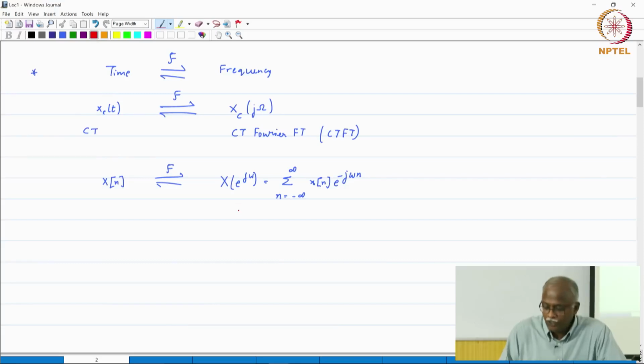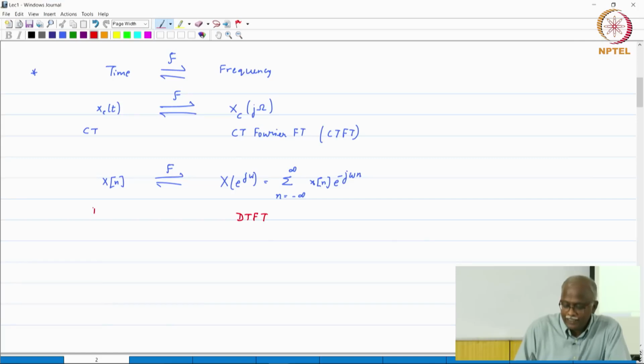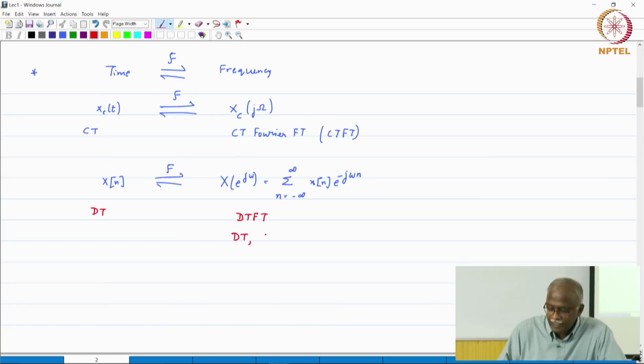As you will recall, this transform is called the discrete time Fourier transform, because the signal is discrete time as opposed to continuous time. It can also be characterized as discrete in time and continuous in frequency, because ω is your frequency variable, and that is a continuous variable.